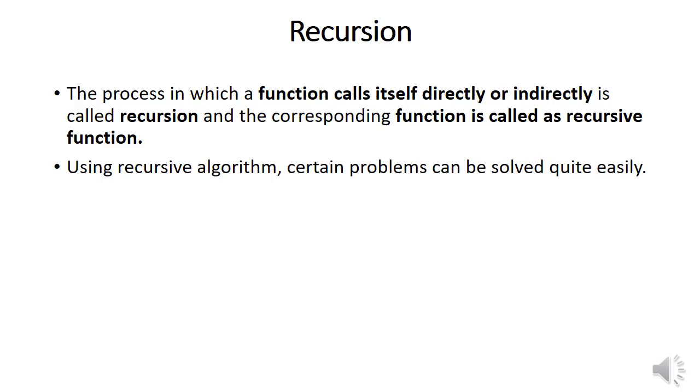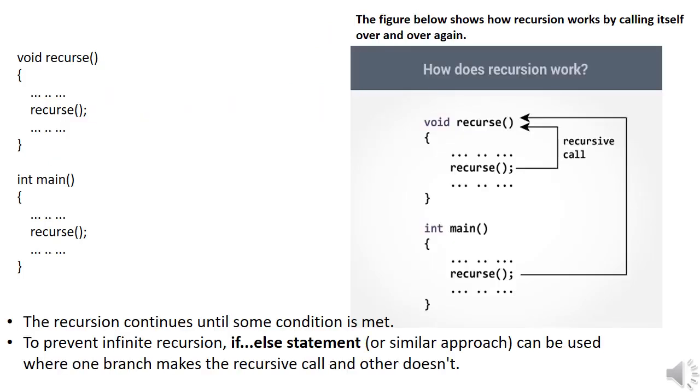We can solve many problems quite easily by using recursion or a recursive function. This will give you a clear idea about how a recursive function works. Here on the left side you can see that inside the main function I have called a function recurse, which is defined before the main function.